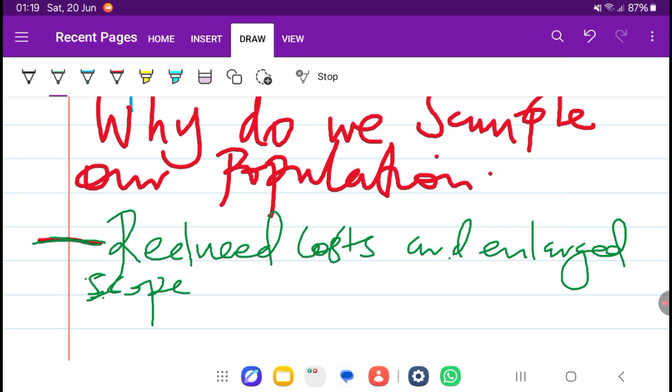And of course, in addition, the information can be obtained at a very little cost compared to conducting a separate survey for all the people.